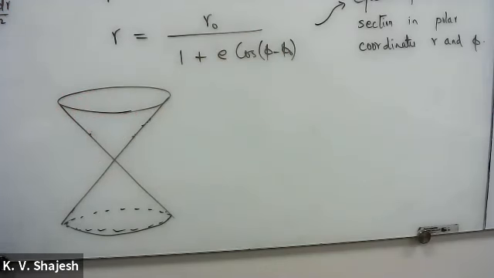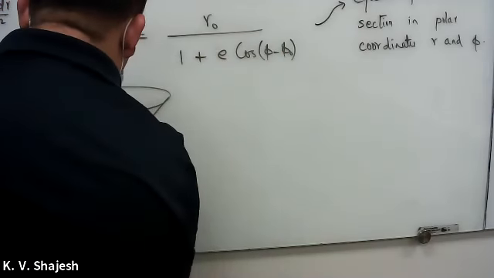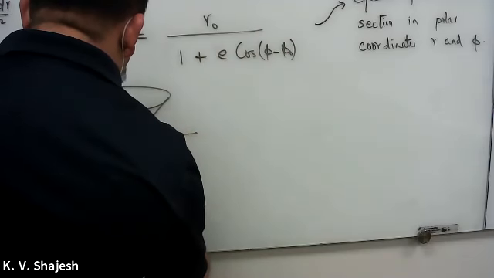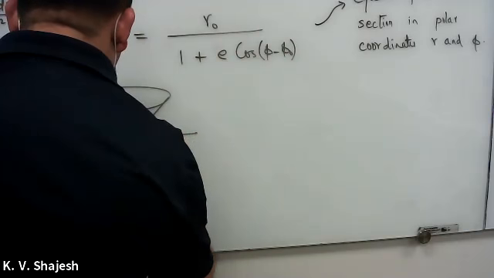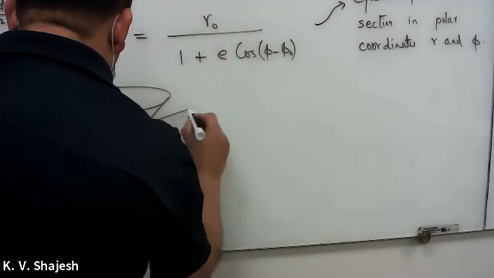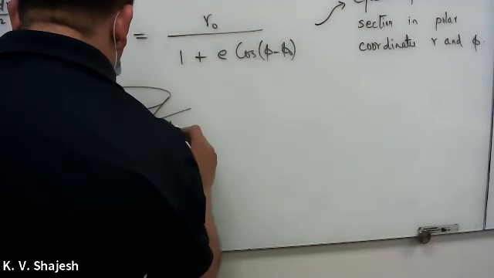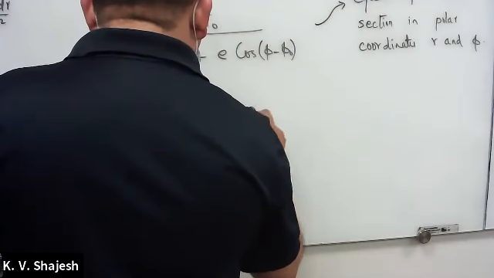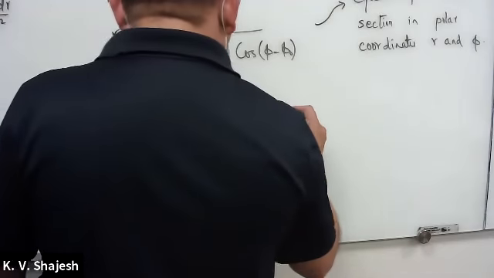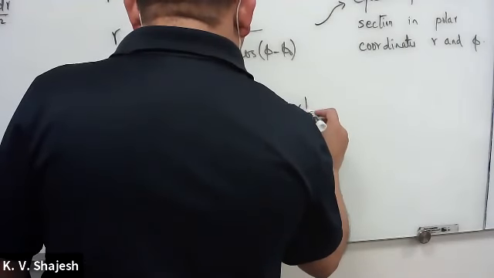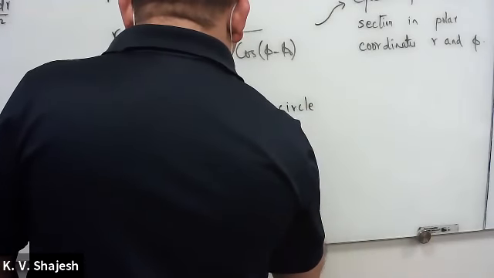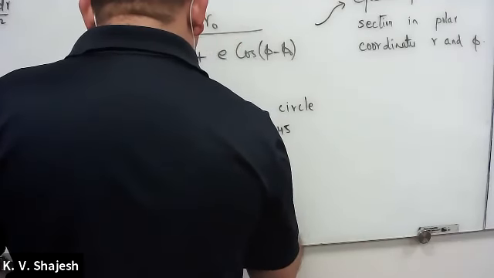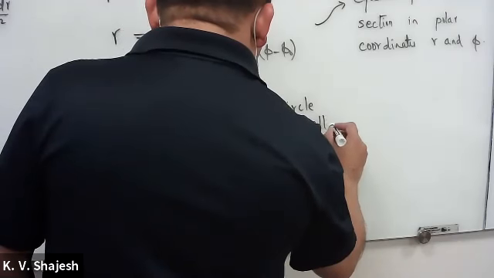Correct? So let's say this is the plane, and this is the angle the plane makes with respect to the horizontal. If theta was equal to 0, then that's a circle. If theta is greater than 0 and less than 45, it's an ellipse.